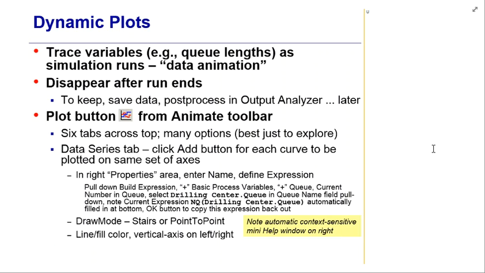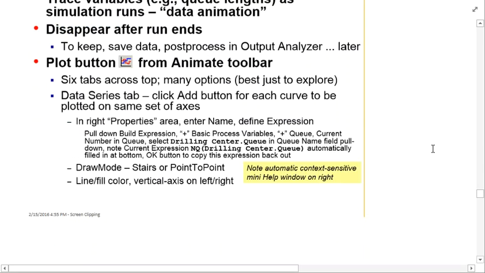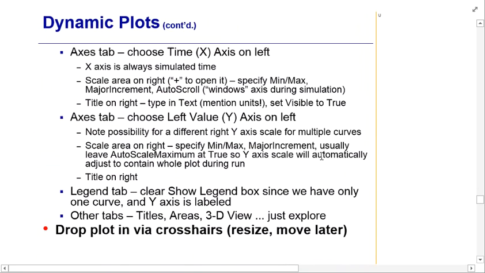If you're trying to look at the effect of something in the process, say a statistical distribution for entry time of an entity through a create module, and how that impacts a queue further downstream, you could put together a dynamic plot where you would look at both of those in conjunction with one another, and get a really good visual as to what's exactly happening. So, a useful tool.